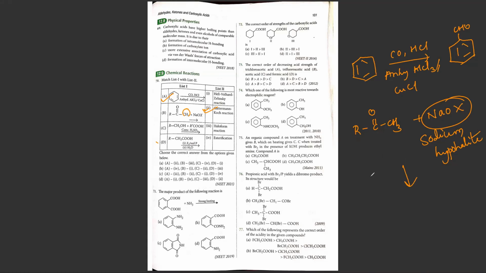In this reaction your methyl group is converted into CHX3. So just see the product. One of the products will be the sodium salt of the carboxylic acid.